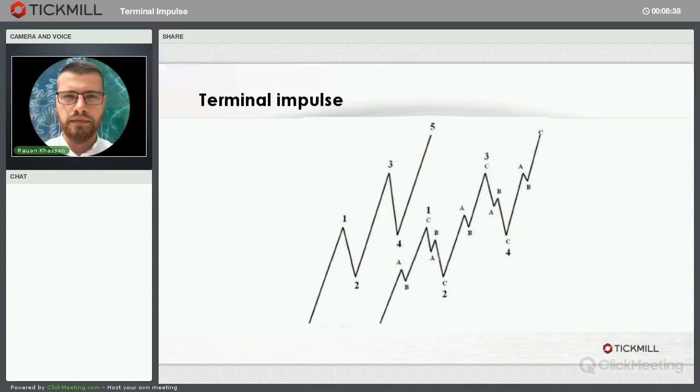So even waves 1, 3, and 5, which move in the trend direction, have a 3-wave structure, which are marked with ABC letters as well. So once you see that there are a few waves coming in the trend direction but having a correction structure, you can be sure from the beginning that you're dealing with a terminal impulse rather than a trend one.